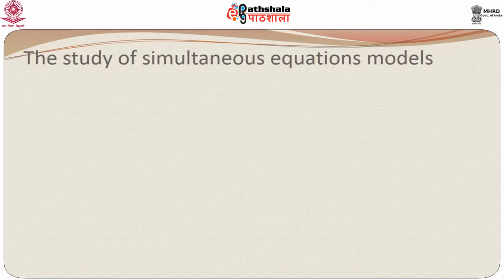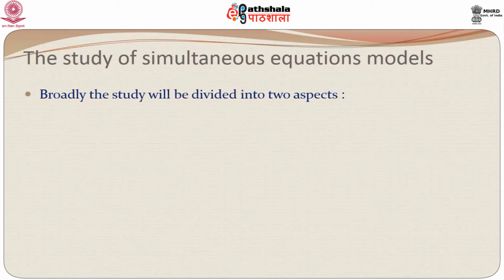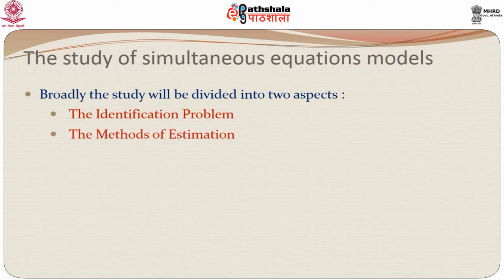In the study of simultaneous equation models, we can broadly look into two different aspects. The first of this is the identification problem, and the second is the methods of estimation that we use to estimate the parameters of the model.